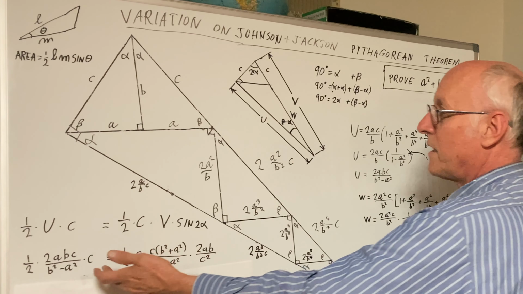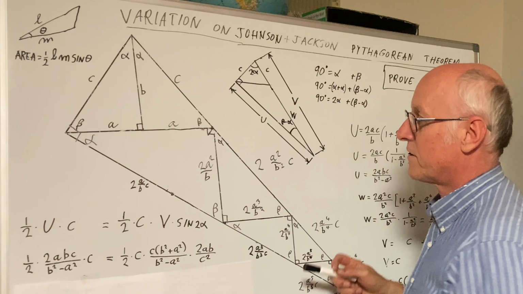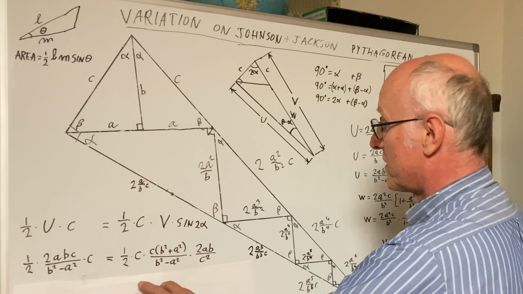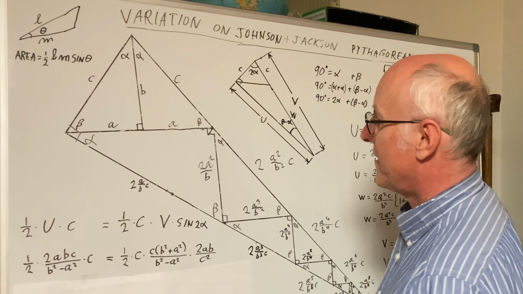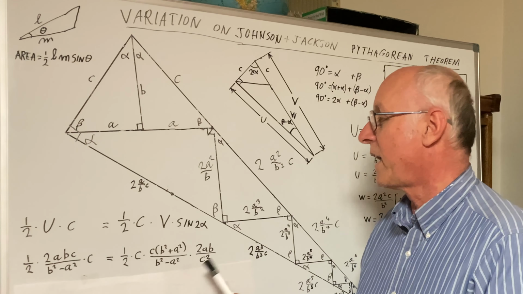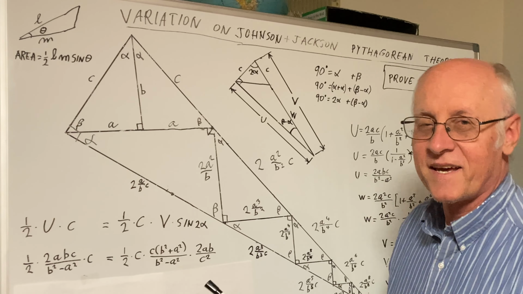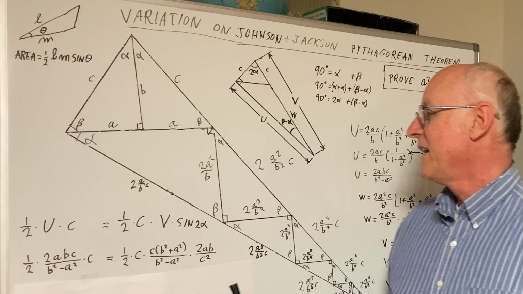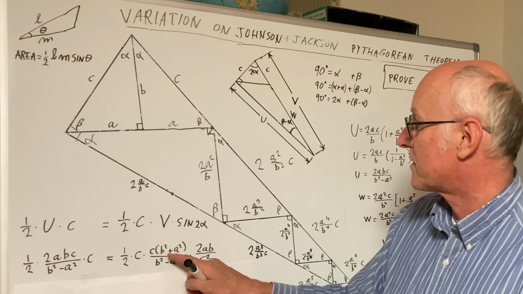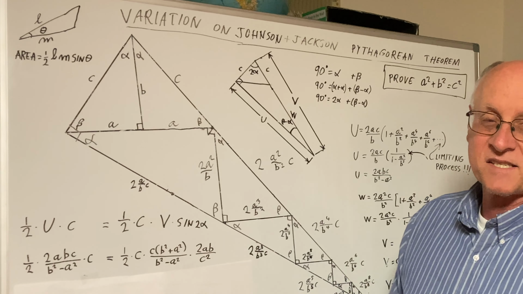Well, plug that all in. This is all just straight algebra. You plug in all these values, and this is what you get. And when you do the cancellations, and I'll let you do that, that's an exercise, you basically come up with c squared equals b squared plus a squared.